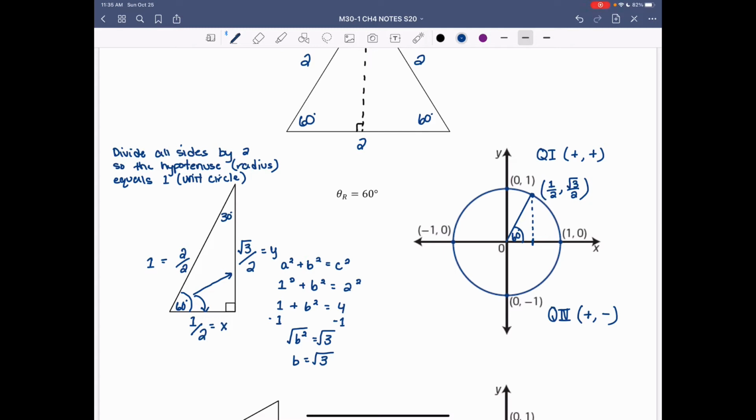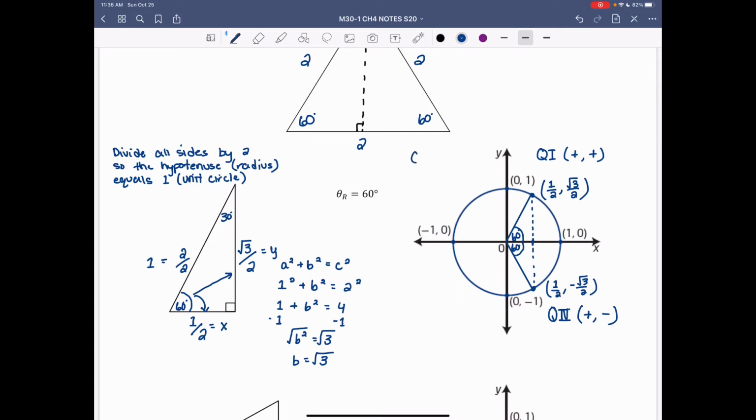So from my x equals 1/2 here, I can go straight down until I intersect the unit circle, and that's where my point will be. And it is x is 1/2 and y is negative root 3 over 2. Can draw our terminal arm. And our reference angle is still 60 degrees.